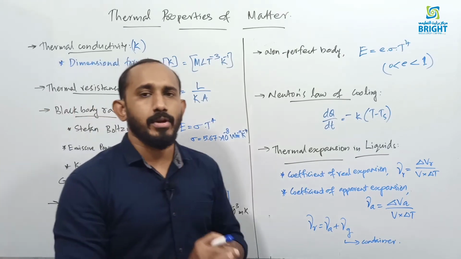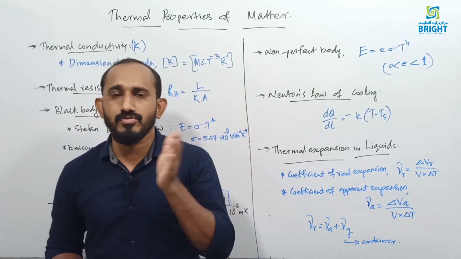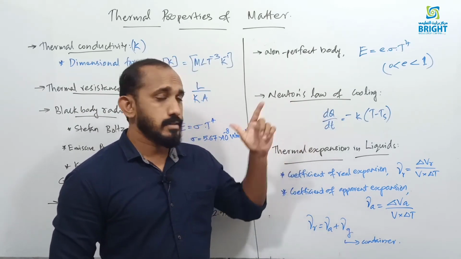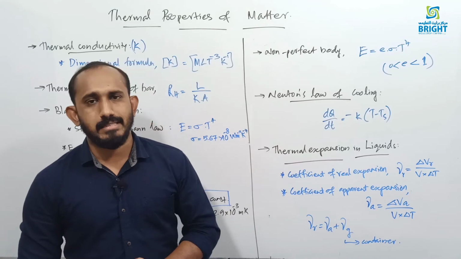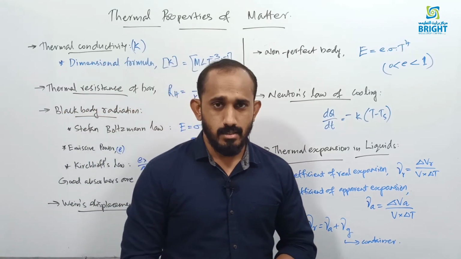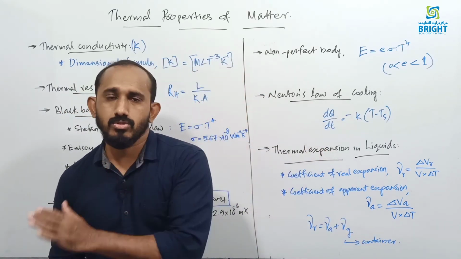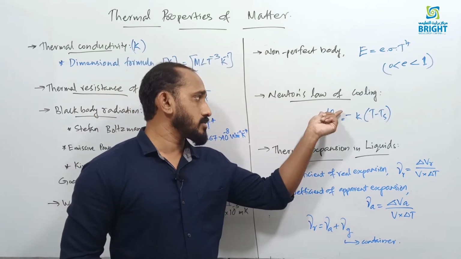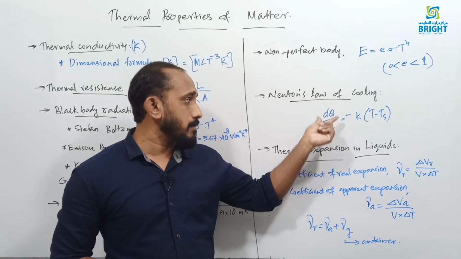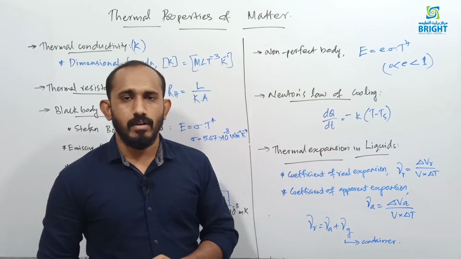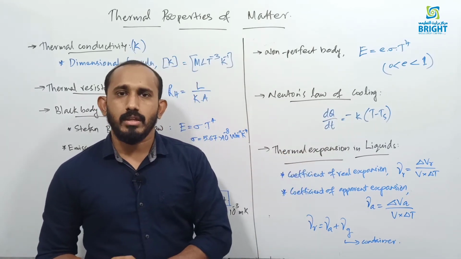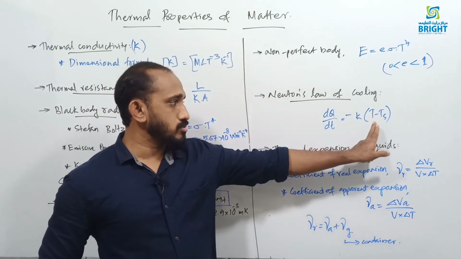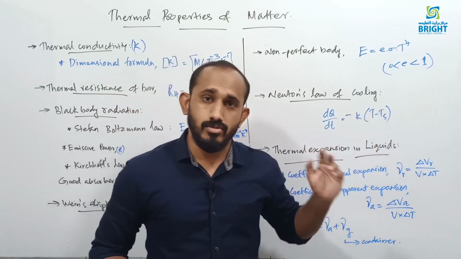Now for a hot body, how does the energy move from the hot body to the surrounding? We have Newton's law of cooling. According to it, the rate of flow of heat from a hot body to the surrounding, or simply the rate of cooling, energy lost per time dQ by dt, is always directly proportional to the difference in temperature of the body and surrounding, where T is the temperature of the body and T0 is the temperature of the surrounding.